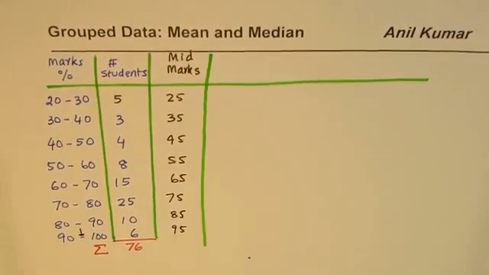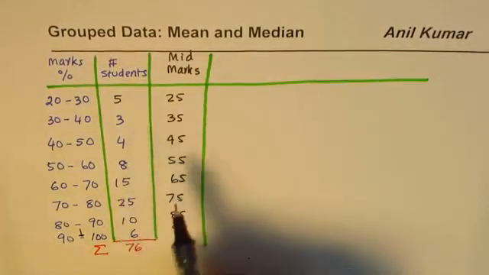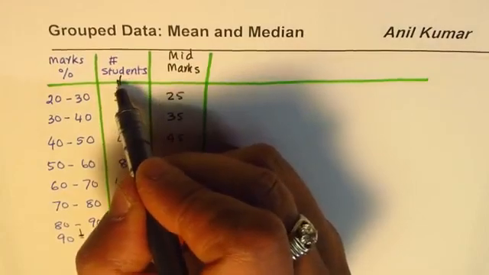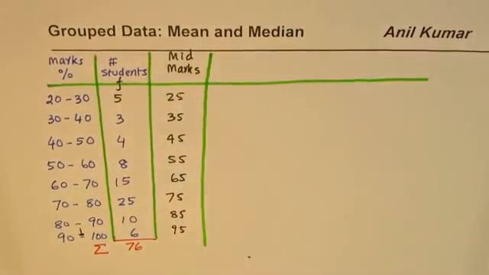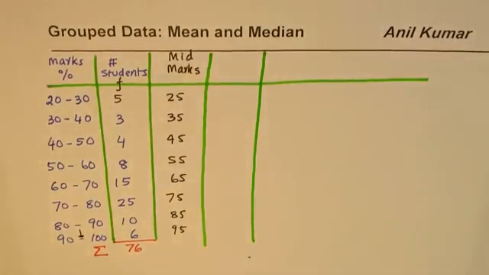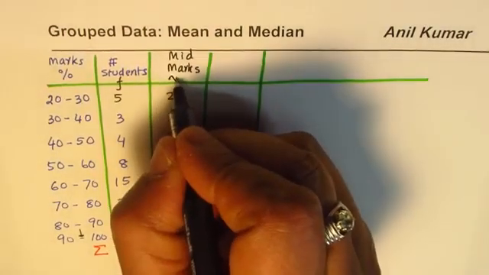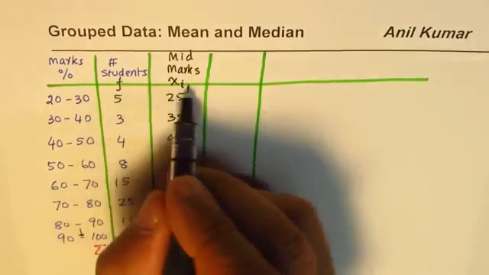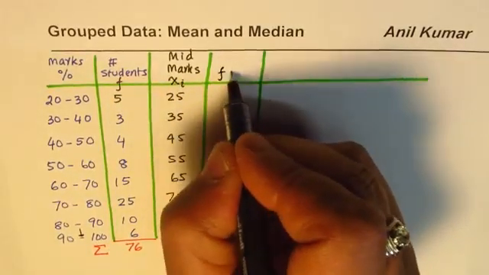Now once you have the mid value, and the number of students represents the frequency, you make another column which is the product of frequency and mid value. Let's call the mid value xi, so the product is f times xi.